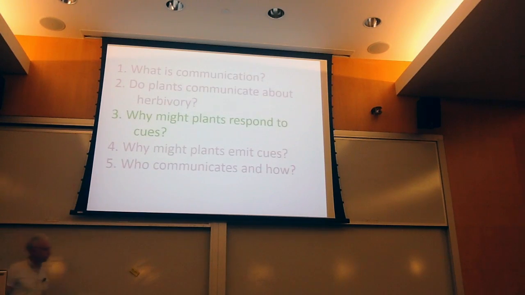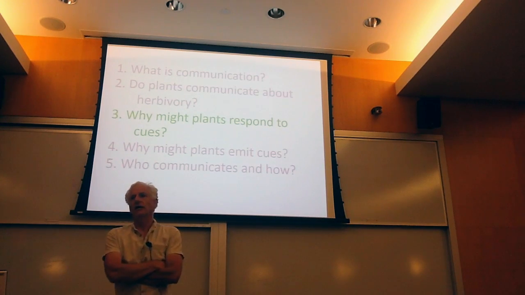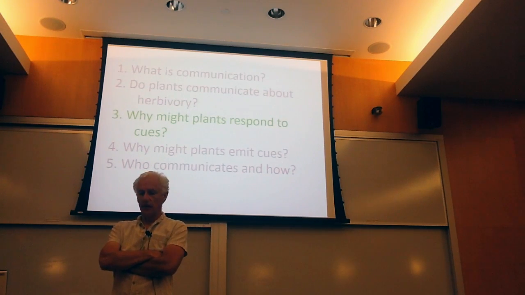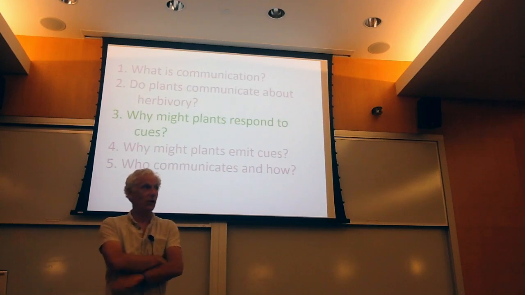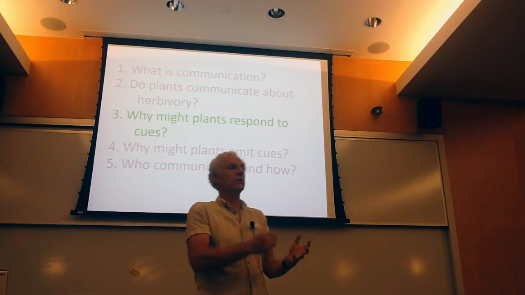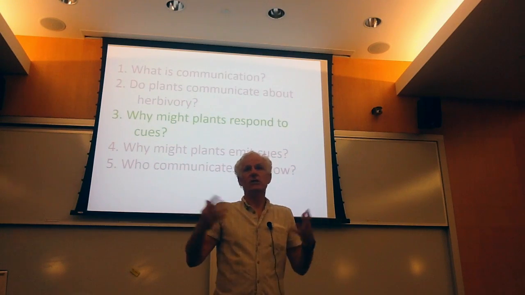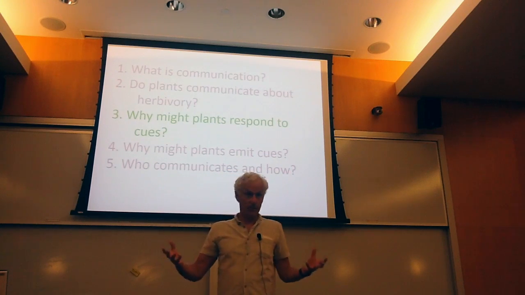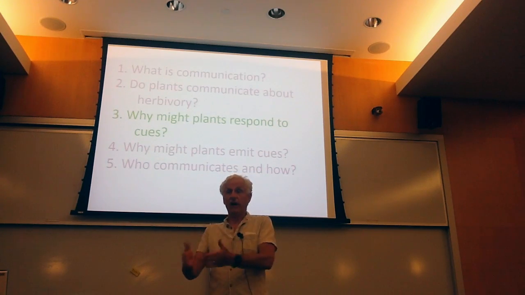Okay, so why might plants respond to these cues? This isn't especially troubling. It makes sense that plants will be under selection just like animals are, and that there are risks for plants, and plants that are sensitive to cues in the environment are able to adjust their defenses, adjust their traits, so that they are better suited to growing where they grow and have higher fitness.